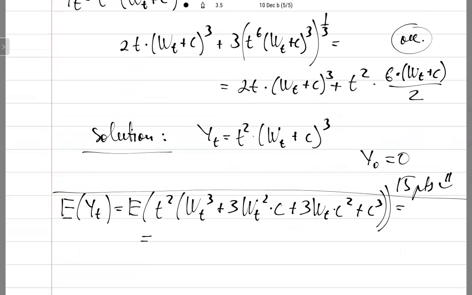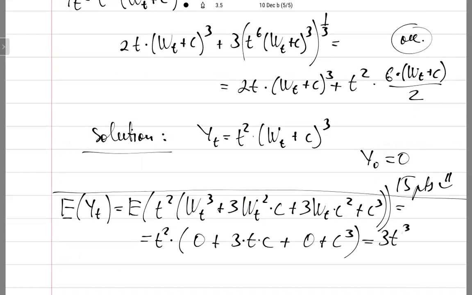And it will be t squared times 0 plus 3t times c plus 0 plus c cubed. And it is 3t cubed times c plus t squared times c cubed. Okay? Yeah, sure.